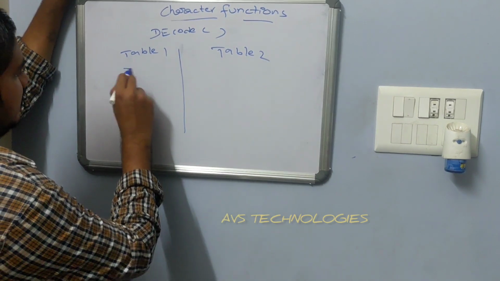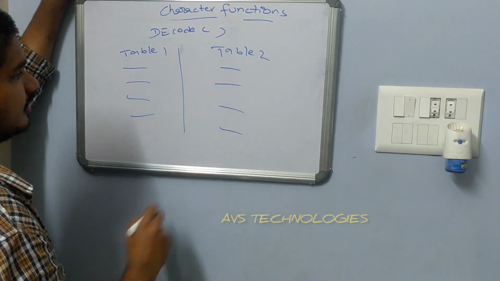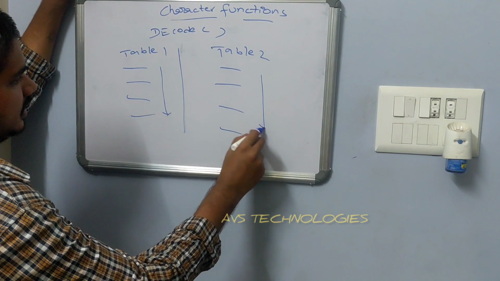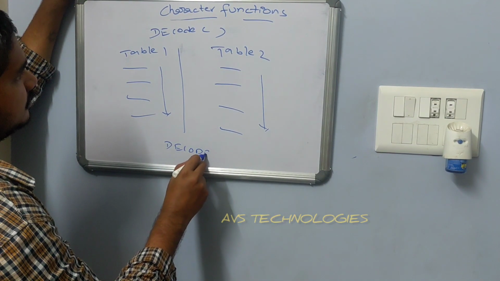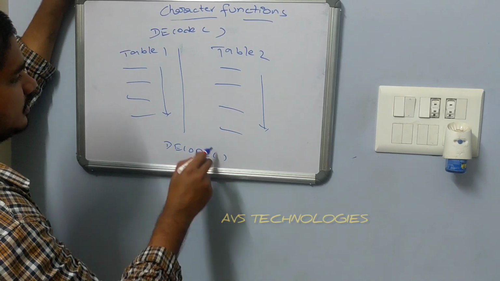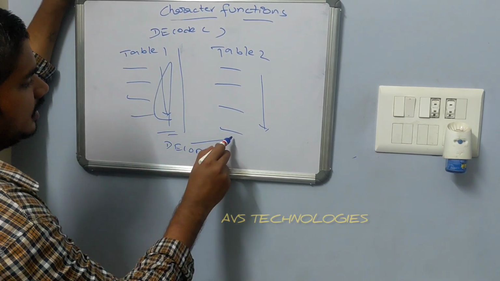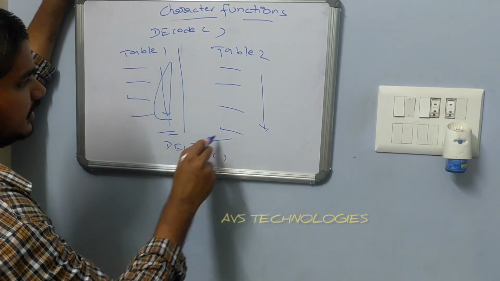I will tell you once again. We have some set of data in table 1 and table 2. This decode character function checks the table 1 data in table 2.